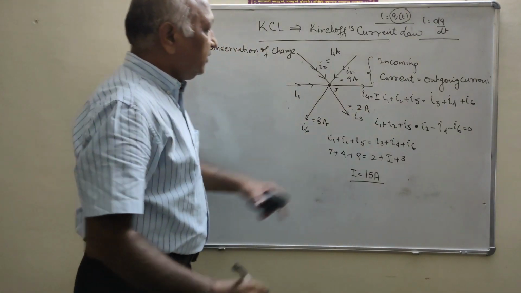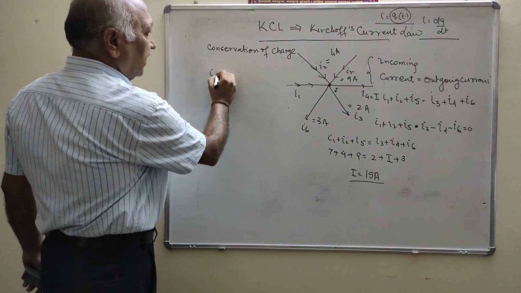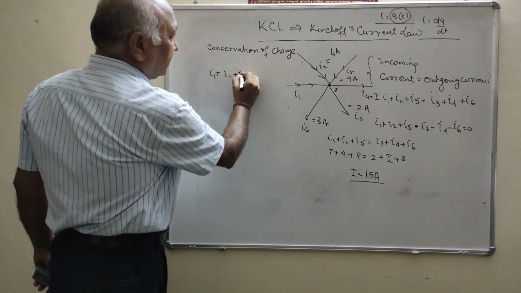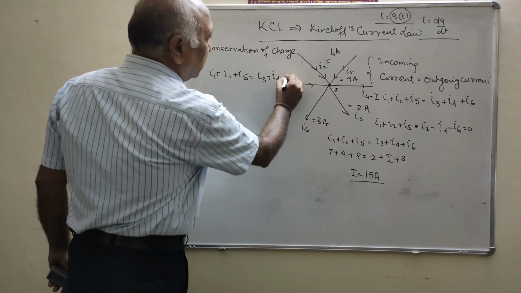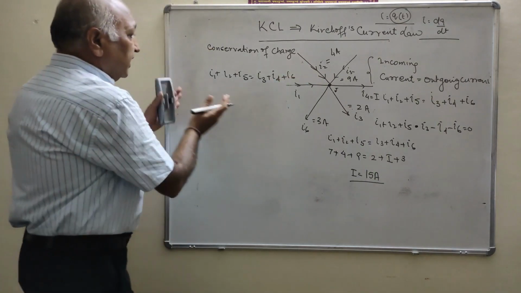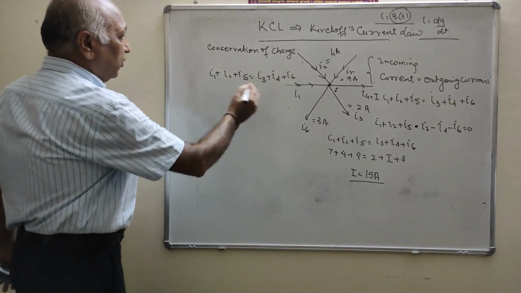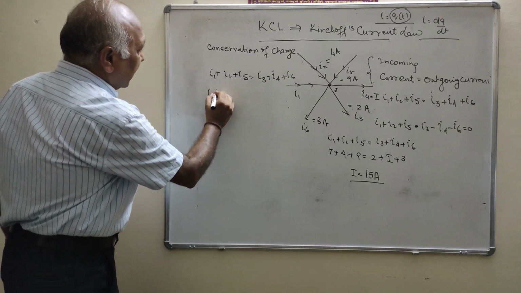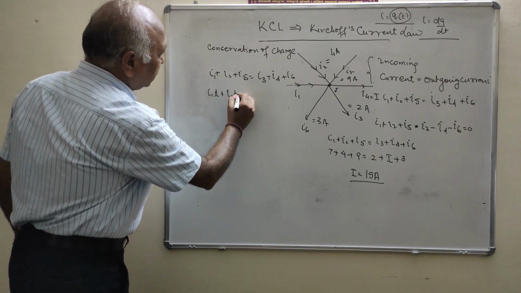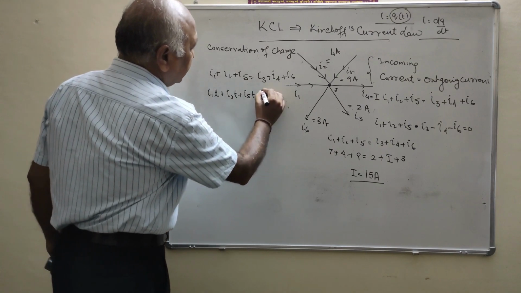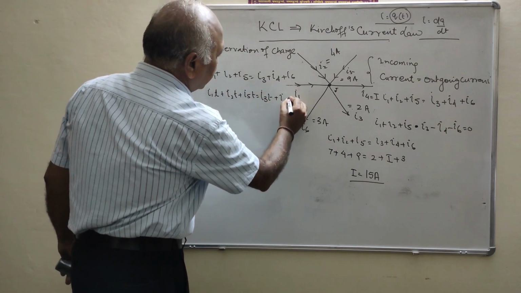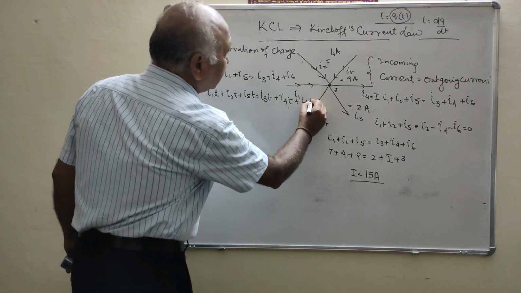See this equation, that is I1 plus I2 plus I5 is equal to I3 plus I4 plus I6. If we multiply with t on both sides, then what is this? I1t plus I2t plus I5t is equal to I3t plus I4t plus I6t.